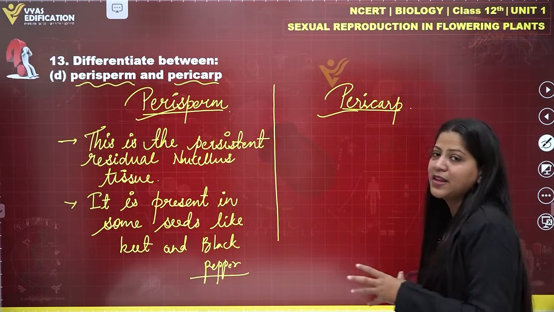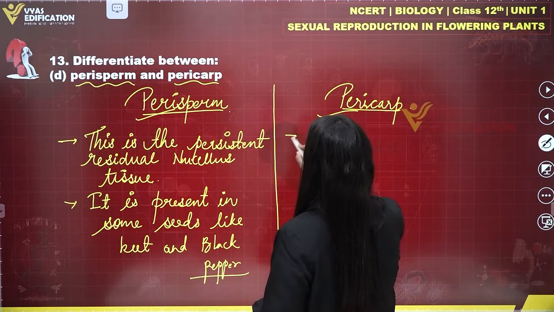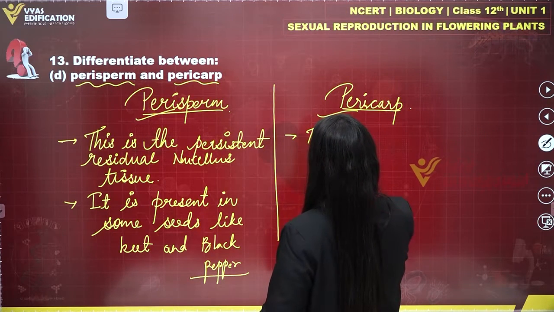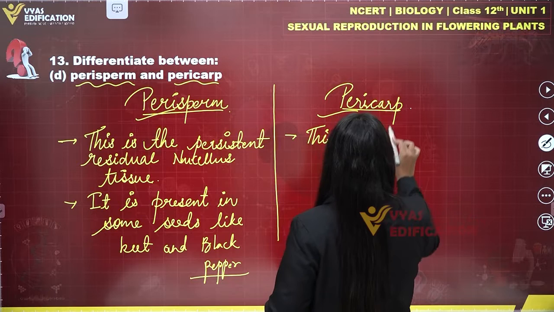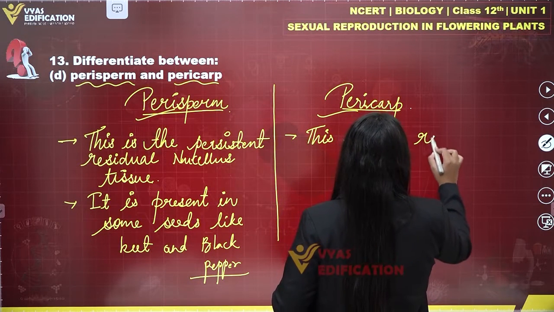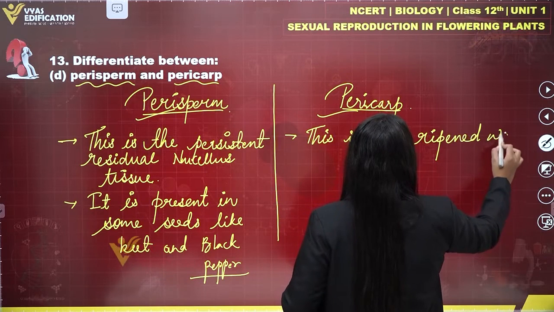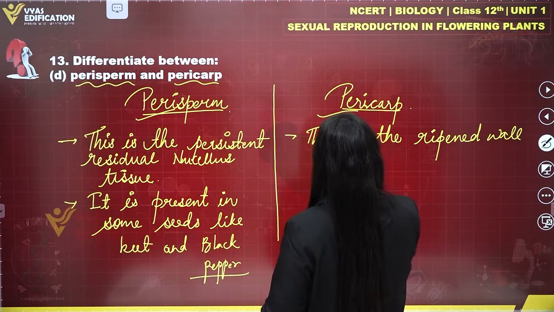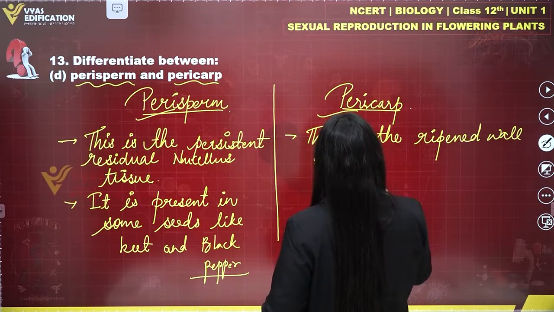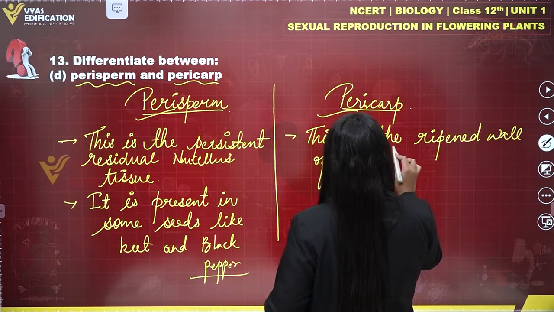So this is perisperm. And if we talk about pericarp, this is the ripened wall of a fruit.